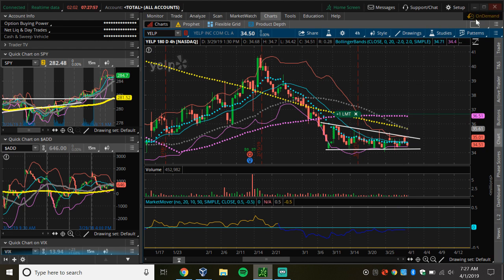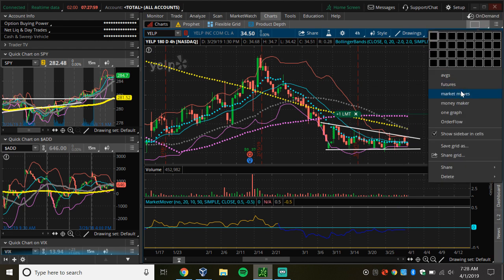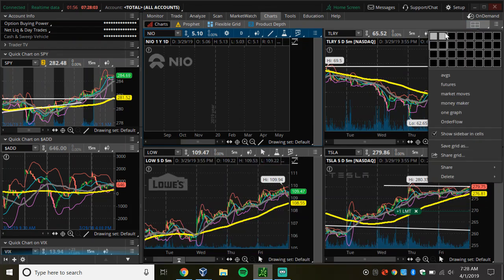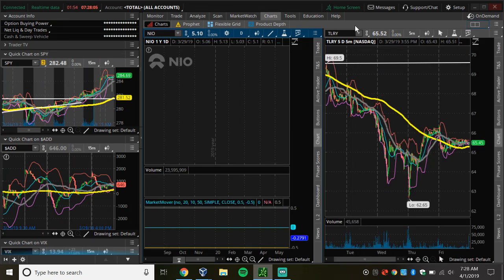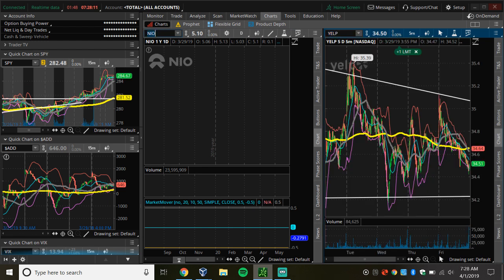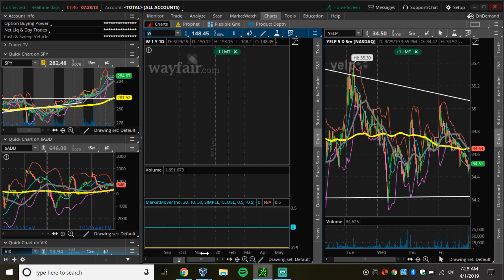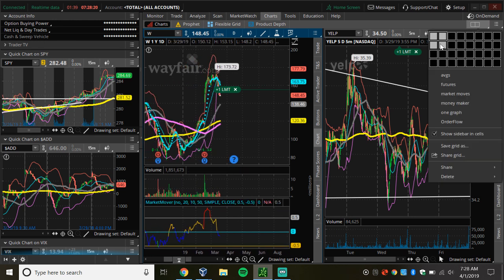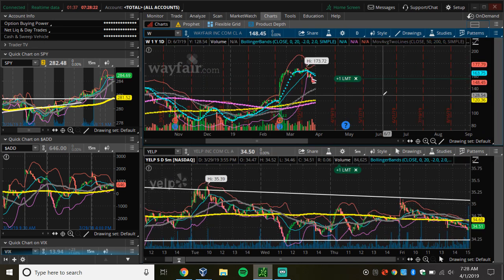So what I usually do next is I'll open up my market moves screens, and I'll just drop that down to 2, and now I'll have 2 screens. We'll have Yelp on one and then Wayfair on the other. And we got 2 minutes till the market opens, and I'm all set up. What I might do actually is go top bottom screens.